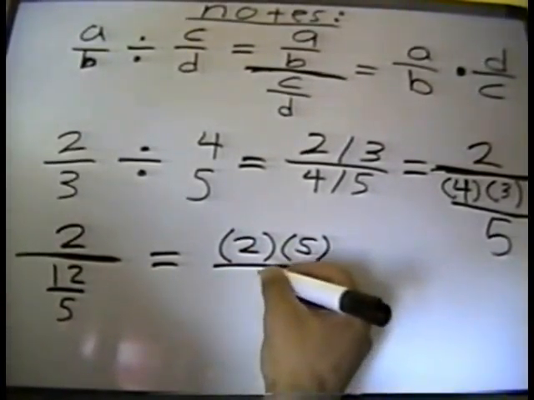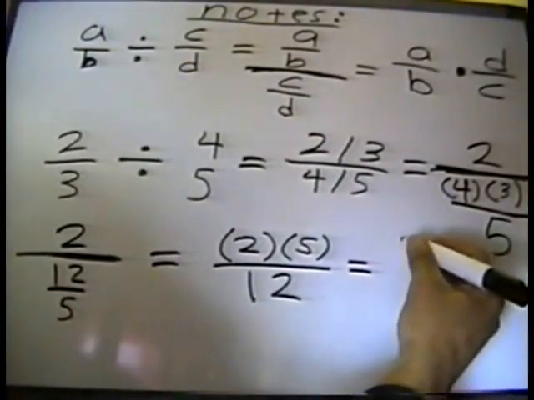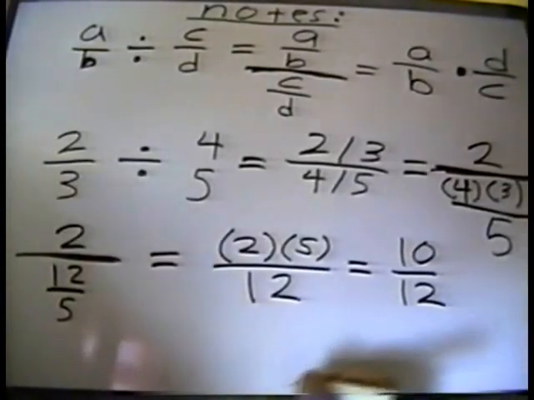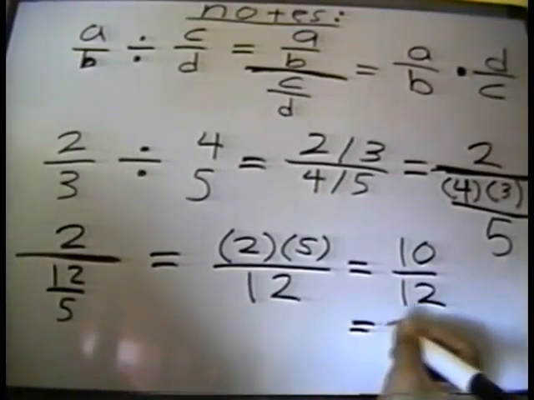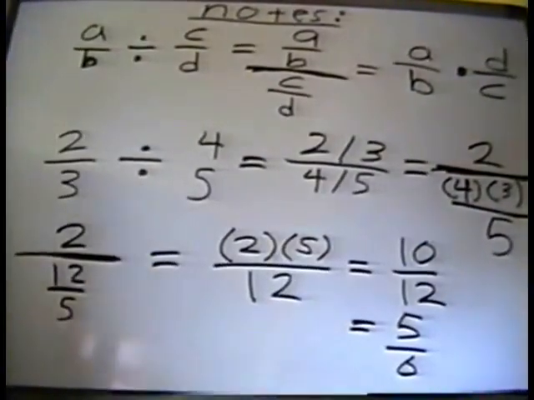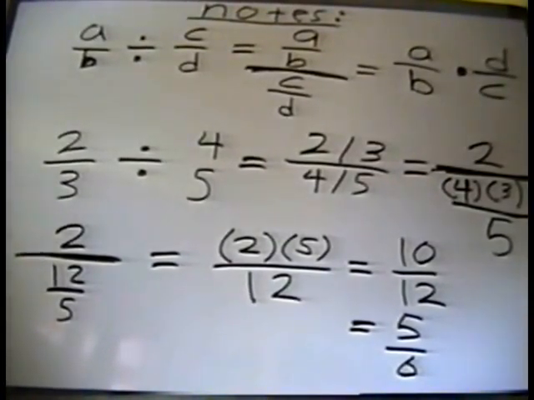So that gives us 2 by 5 over 12. That's equal to 10 over 12, or 10/12, or 5 over 6. Okay, 5/6.